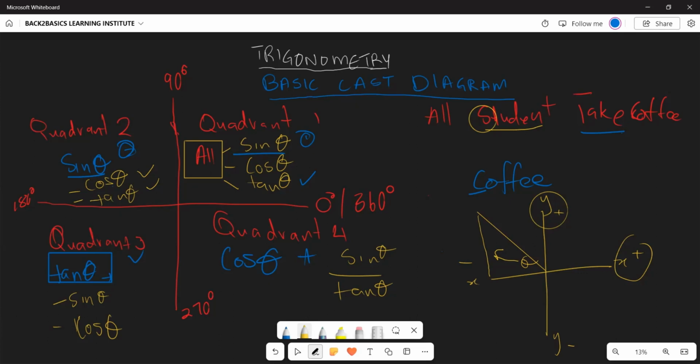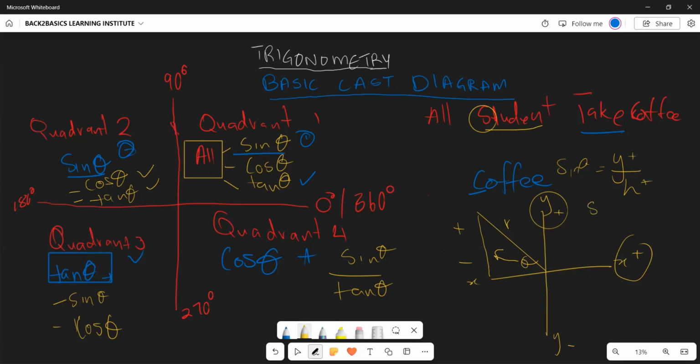The y side, which is positive. So sine of theta is going to be positive y over your hypotenuse, and your hypotenuse is always positive. This side here represents your hypotenuse, which can also be abbreviated as R. Are we together? Can you see that indeed this is going to be positive?